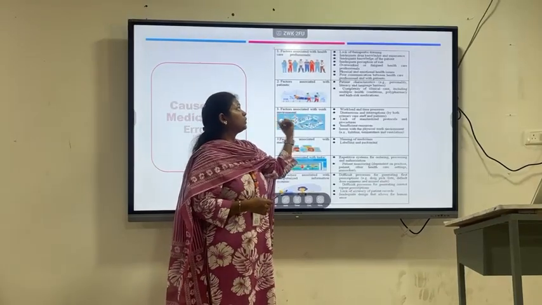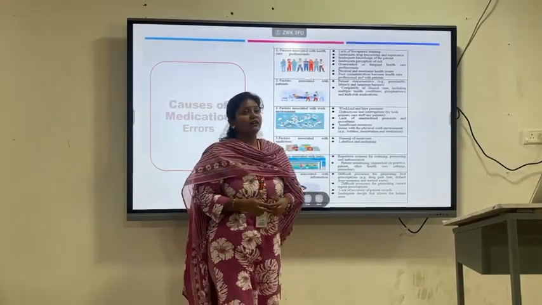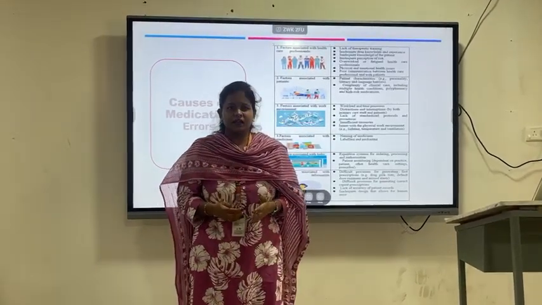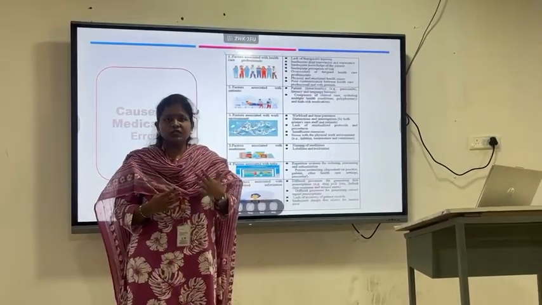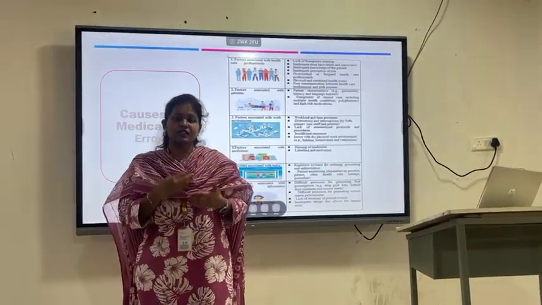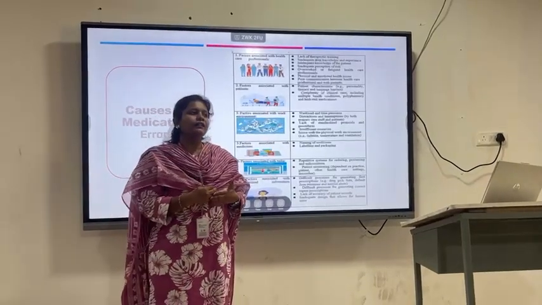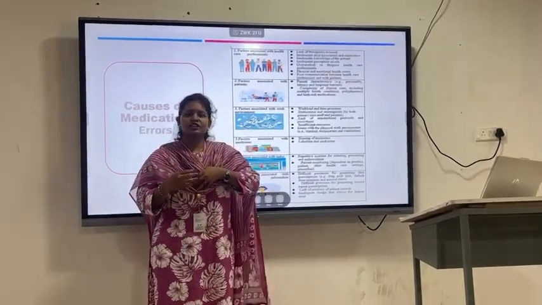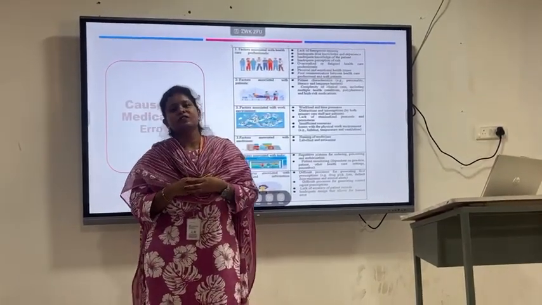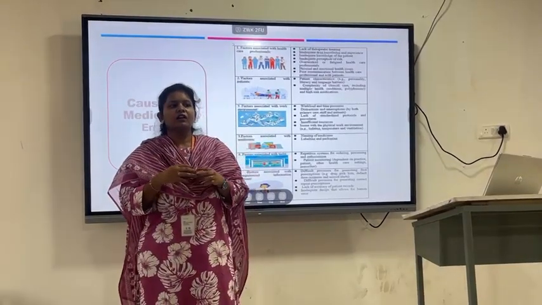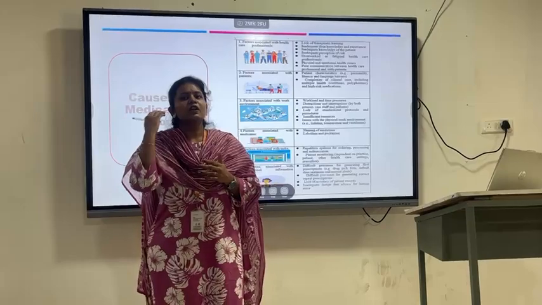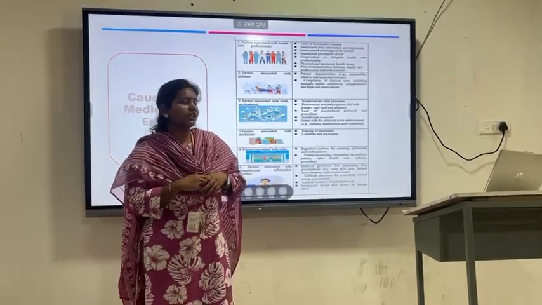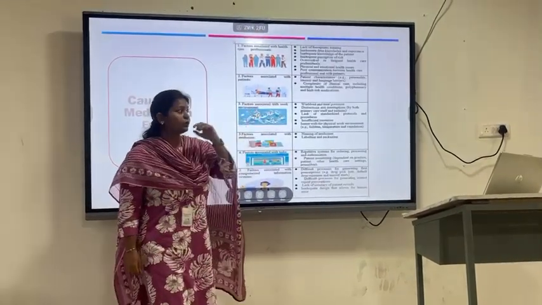Factors associated with the patient are mainly medication nonadherence, meaning the patient is unable to understand the seriousness of their health condition, and in that case their medications will not be taken properly, causing medication skipping or dosage errors, which leads to improper outcomes.